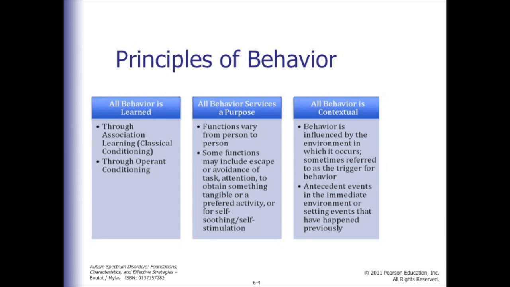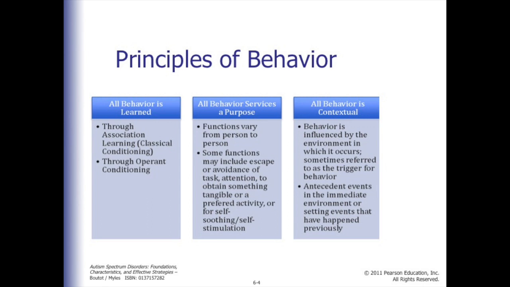Another principle of behavior is that all behavior serves a purpose and has a function. So the function can vary from person to person and can vary for each behavior. For example, speaking out of turn in class may function as access to attention for some students and may function as escape for others.